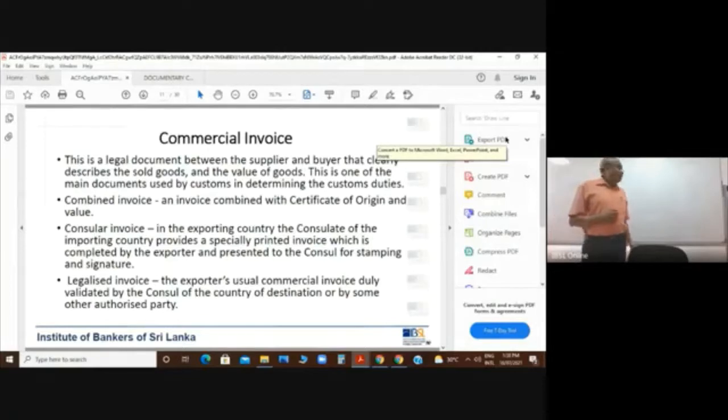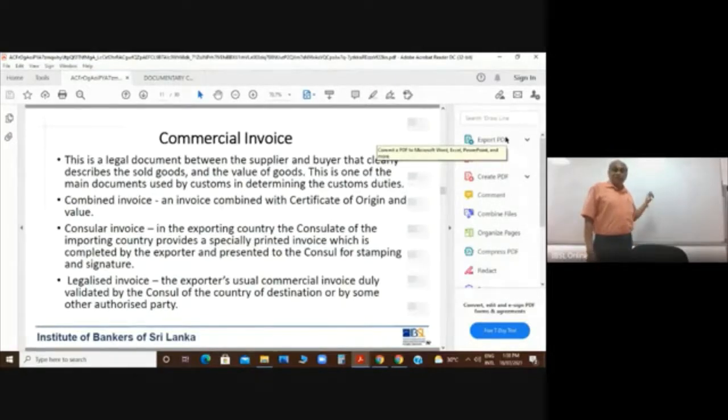When they take the consular invoice, the Sri Lankan consulate at Nagoya doesn't want to put their confirmation on it. Why?